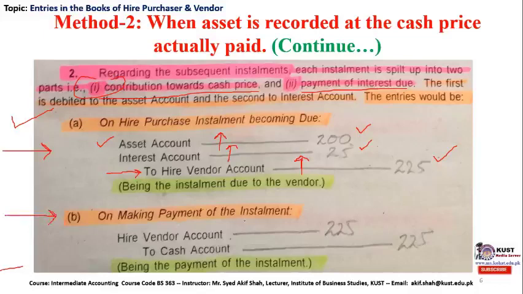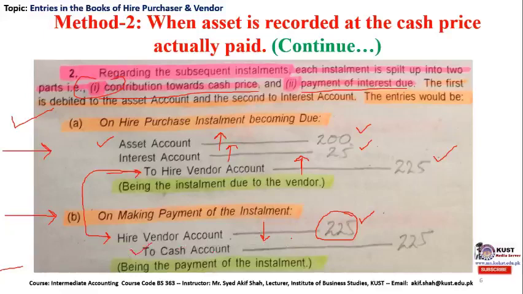So upon the payment of the installment, the liability generated by the hire purchaser will be given a cross entry so that this liability may be written off. Therefore, the hire vendor account, which is the liability account of the company, will subsequently be reduced, and when there is a reduction in the liability, it is recorded as debit. So we have recorded this value rupees 225 in our debit column. And why has this liability been reduced? Because we made a cash payment to the vendor.